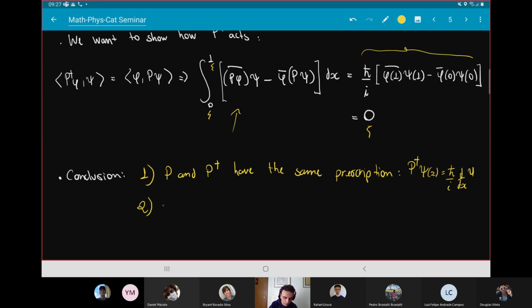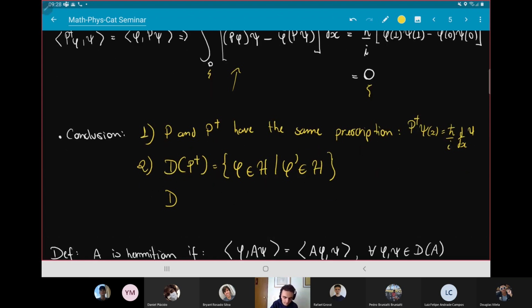So what we get is that the domain of P dagger can actually be written as the set of functions that live in the Hilbert space, such that the derivative also lives in the Hilbert space. So this is the same as the maximum domain for the momentum operator that we talked about earlier, but this is not the same domain as the momentum operator we're working with in this particular problem.